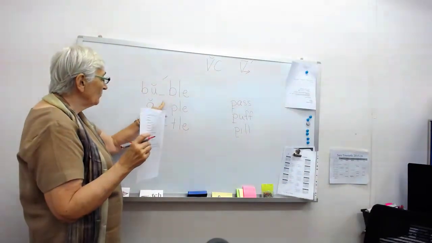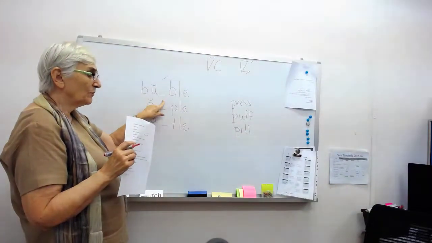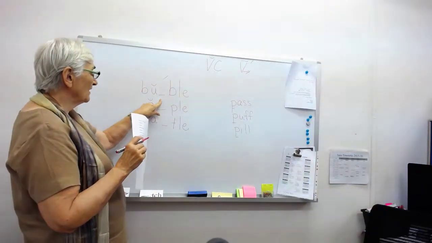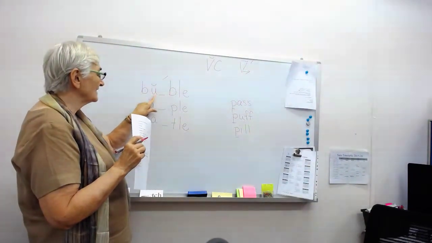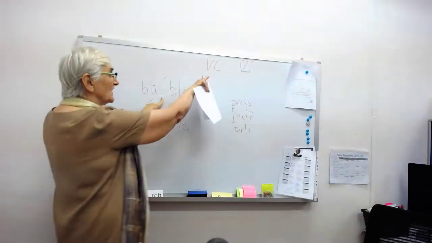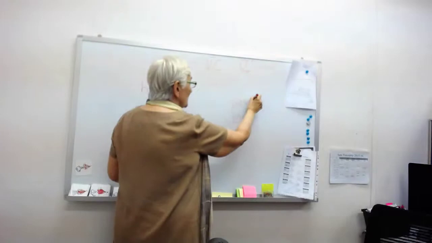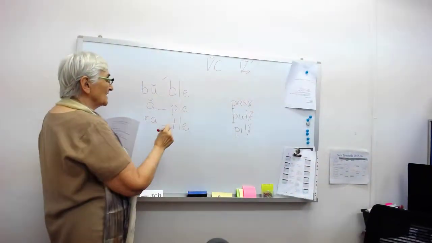So what might we put here that will allow us to have a doubled consonant in the end of a word? I'm sorry, I said that wrong. What can we put here that will give us a consonant at the end of that first syllable, but we don't have to read it? Yes, it's in this word, and this word, and this word, only one of the consonants is read.